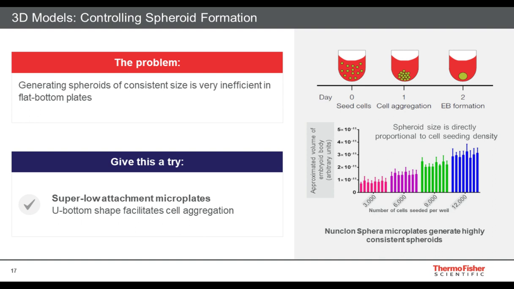The graph on the bottom right here is just meant to illustrate the consistency between 8 replicates of spheroids formed from 4 different initial seeding densities, and to show that the consistency in spheroid size from spheroid to spheroid is quite good, and the size of the overall spheroid is directly proportional to the number of cells that you start with. Again, these are important considerations for folks who are just getting started.